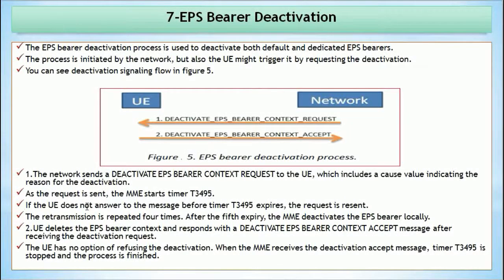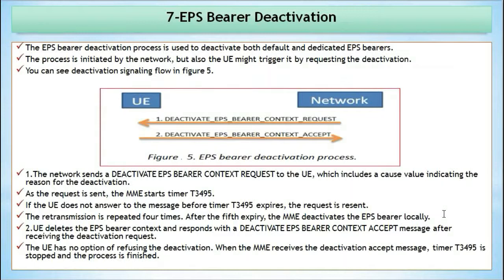If the UE does not answer the message before timer T3495 expires, the request is resent. The retransmission is repeated 4 times. After the 5th expiry, the MME deactivates the EPS bearer locally.